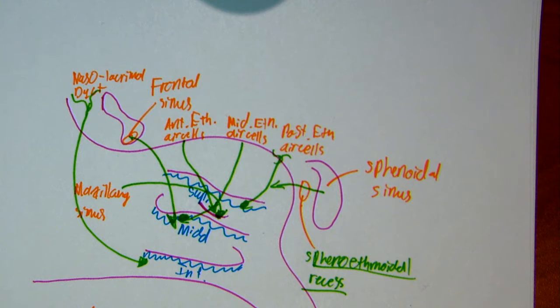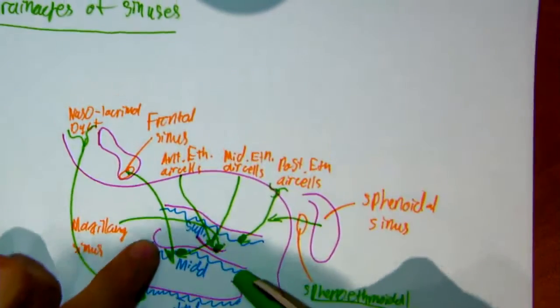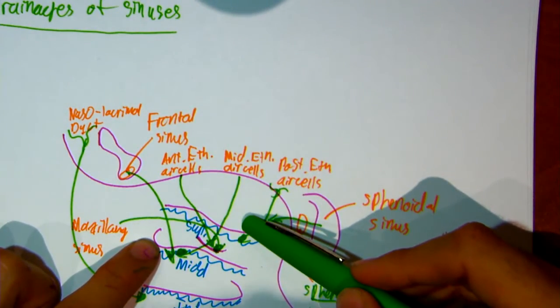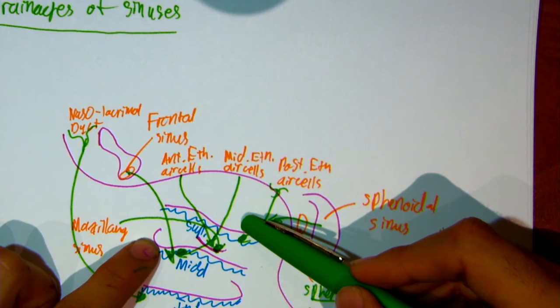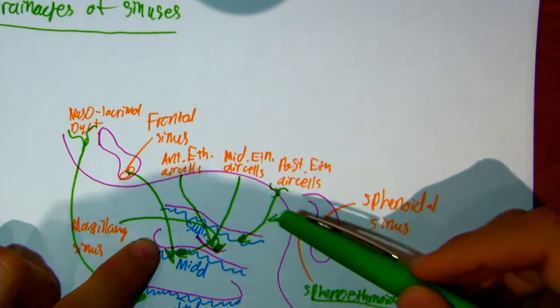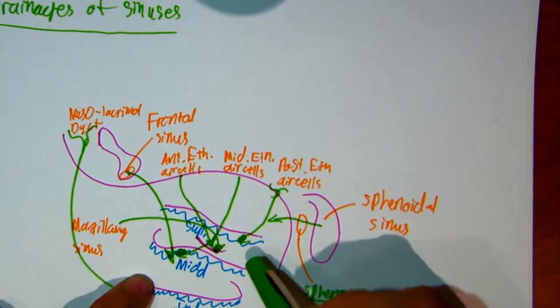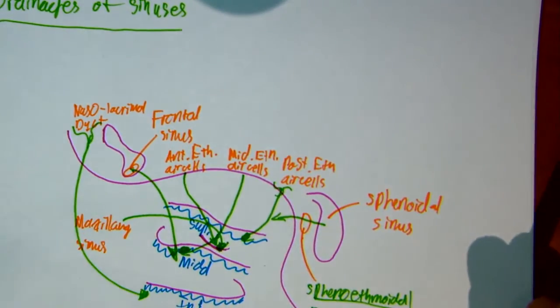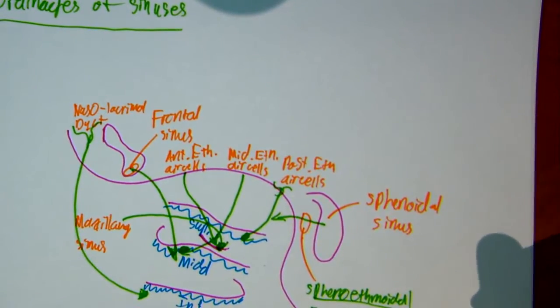Can you repeat that again? So the middle nasal meatus and the superior nasal meatus? Okay. Semilunar hiatus is a structure on the middle nasal meatus is the best way to think about it. That's why I ask you guys to know relative location.